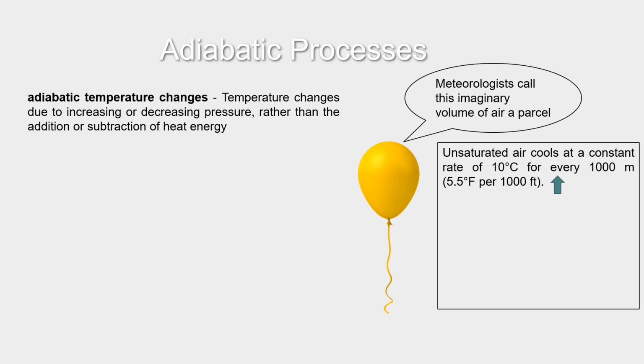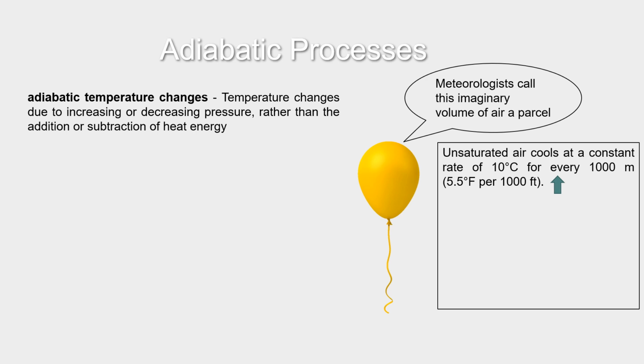But for now, unsaturated air cools at a rate of, let's say, 10 degrees Celsius for every 1,000 meters or 5.5 degrees Fahrenheit per 1,000 feet as it goes up, right? And this unsaturated air cools at a constant rate.